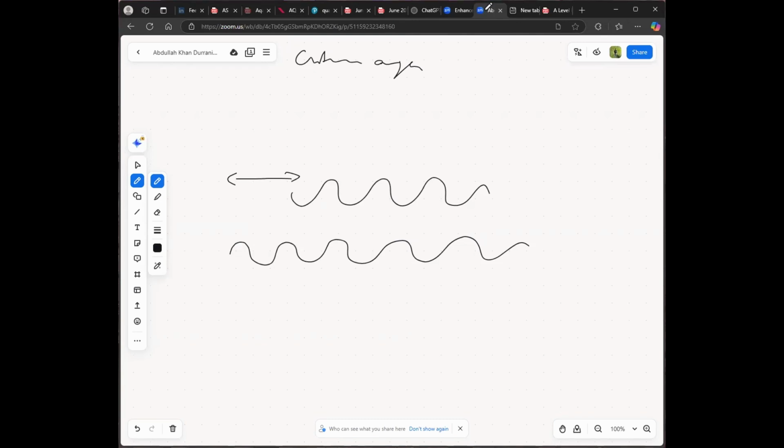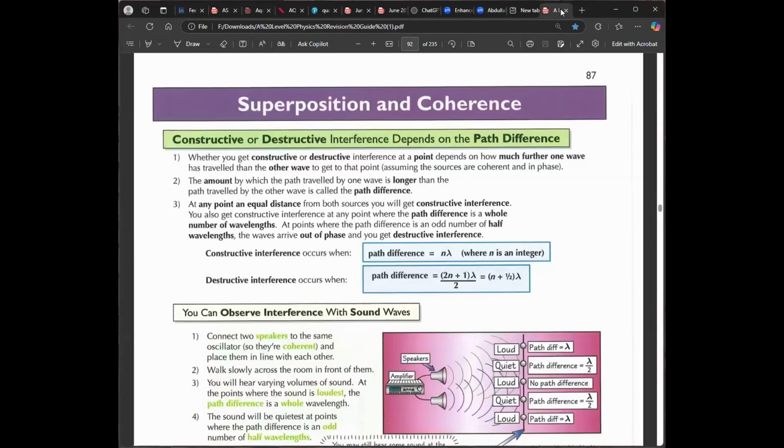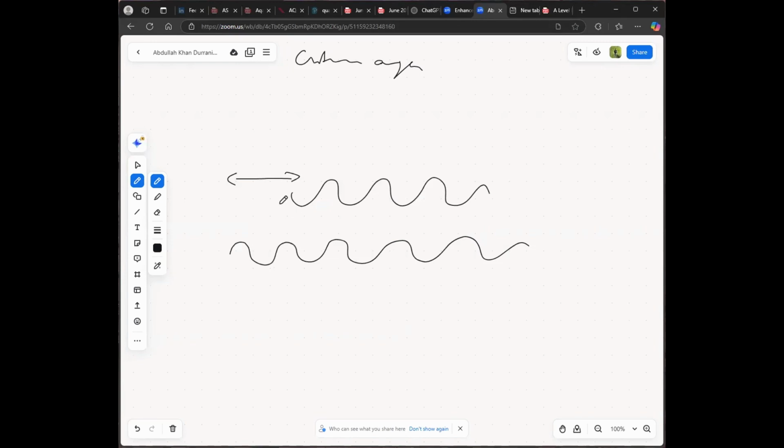And you would measure this path difference in terms of the wavelength. Let's say I have not made it very clear, but the difference is that one of them is two wavelengths ahead of the other one. So the difference between them would be double the wavelength.